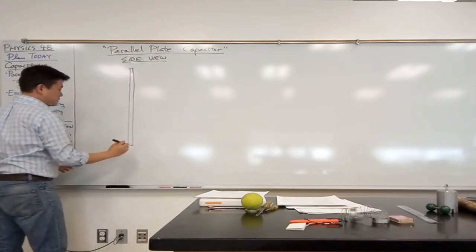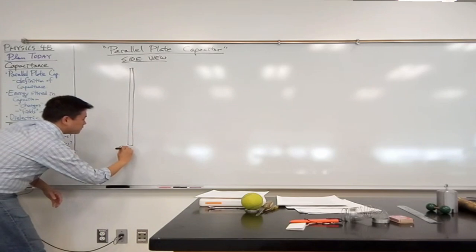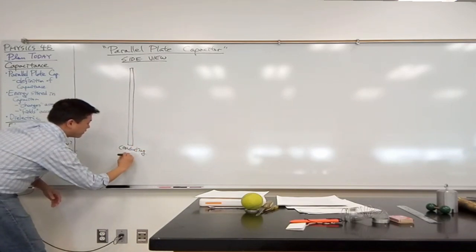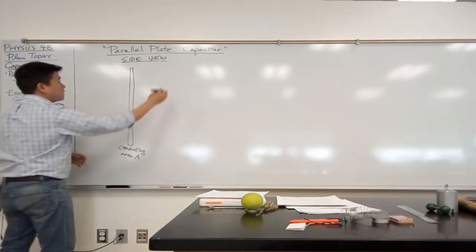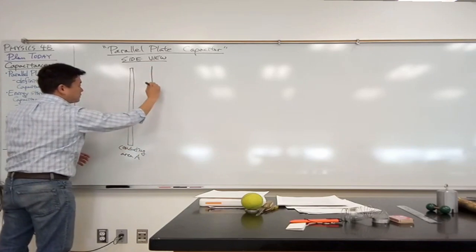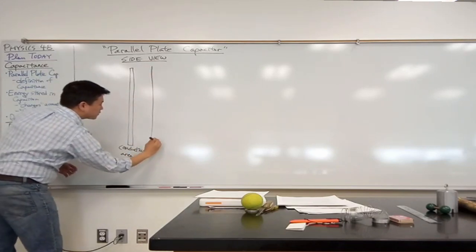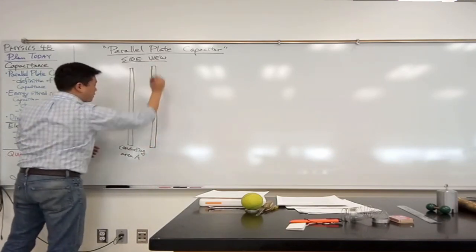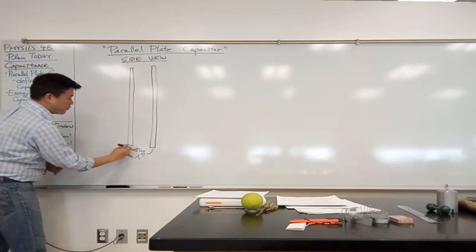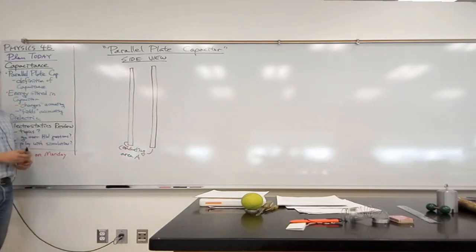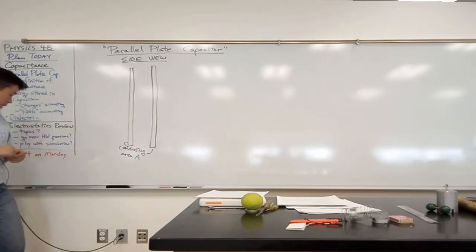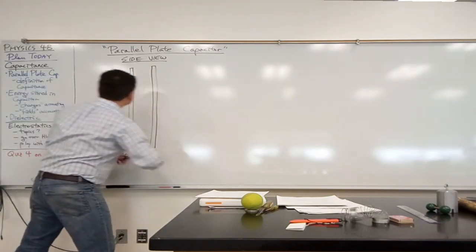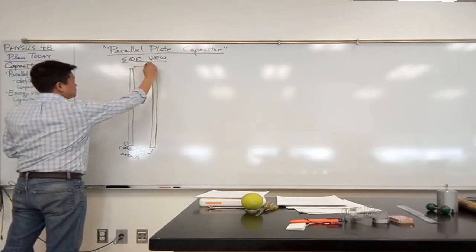This plate is conducting and has area A. And I have another plate that's also conducting, also with the area A. So this applies to both plates. And they are separated by some distance d.